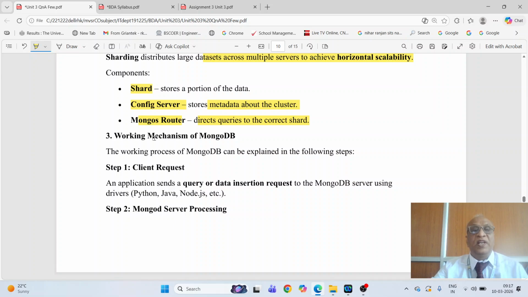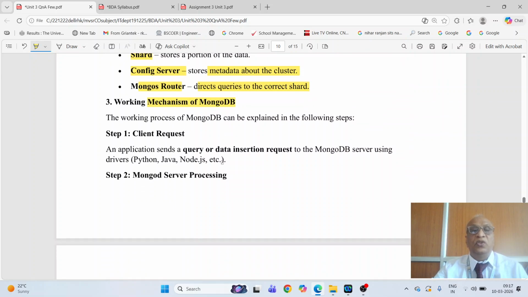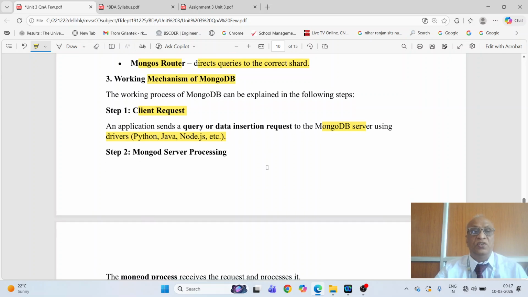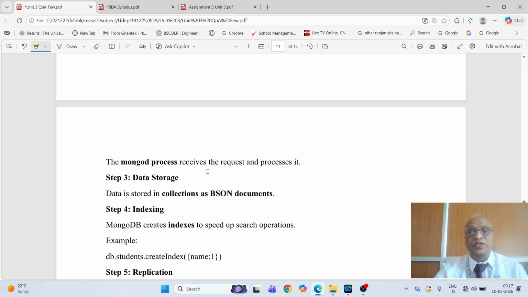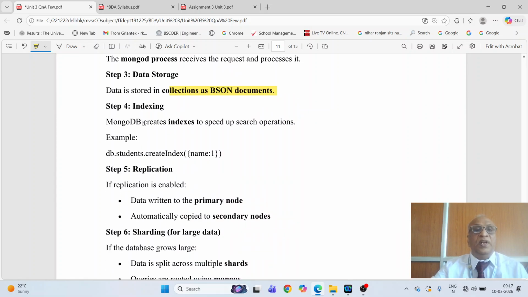So what is the working mechanism of MongoDB? A client sends a query to the MongoDB server using drivers like Python, Java, Node.js. The MongoDB server processes the requests. The data is stored in collections as JSON documents.